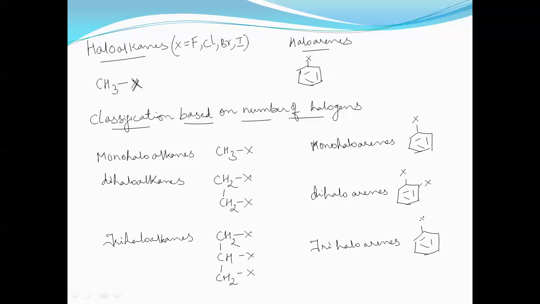So depending upon the number of halogens present on the ring, they are classified as monohaloarenes, dihaloarenes, or trihaloarenes, and these halogens can be present at any position on the ring. This is the classification based on the number of halogen atoms.